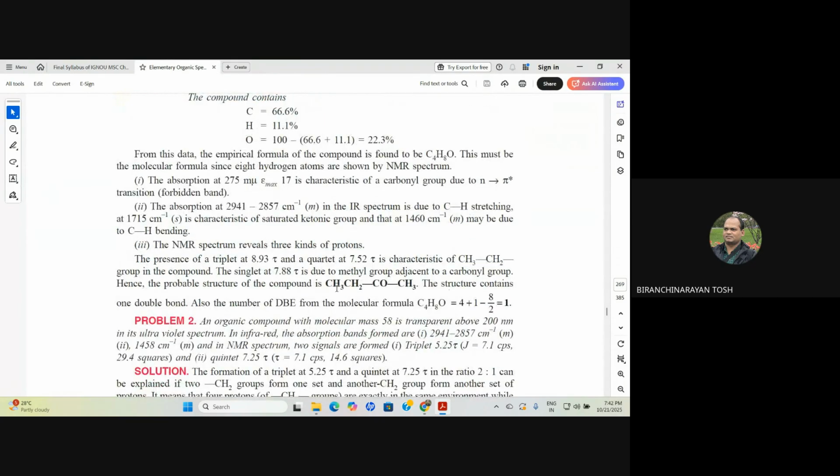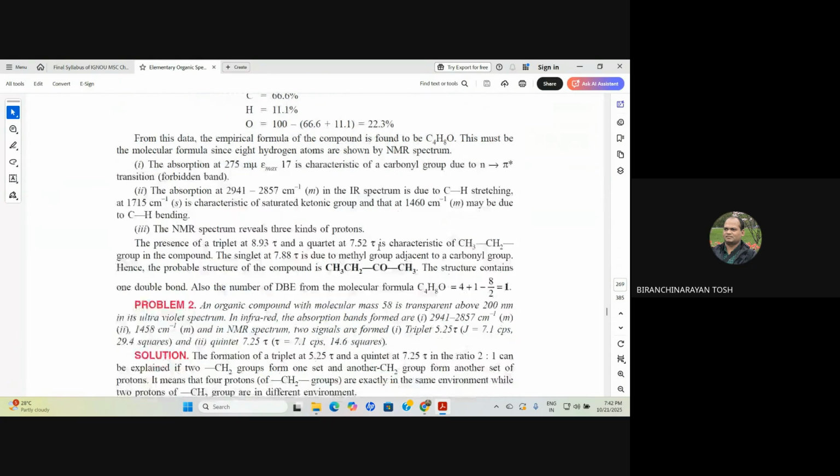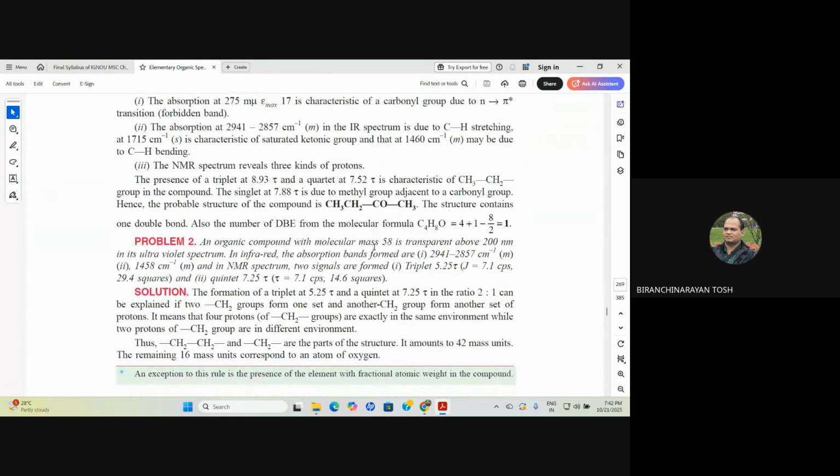So the structure will be CH3, CH2, CO, CH3. Okay, so like this you have to analyze the compound.